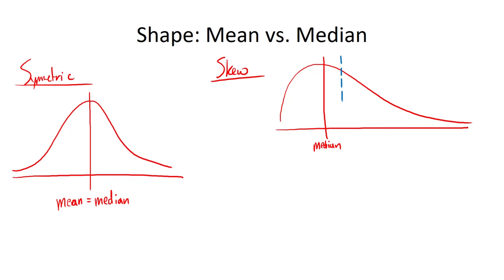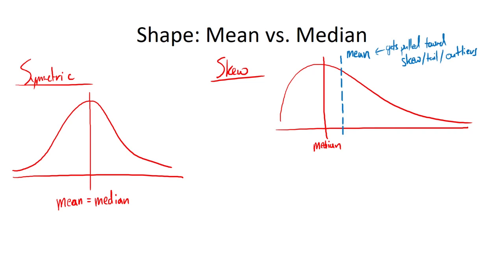So your mean is going to get pulled towards the skew, which is the same as saying getting pulled towards the tail, which is the same as saying getting pulled towards the outliers. So that mean gets dragged towards the skew direction.